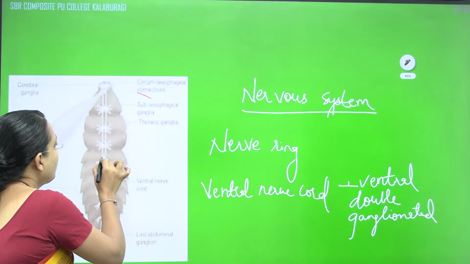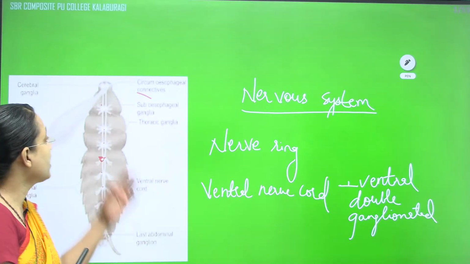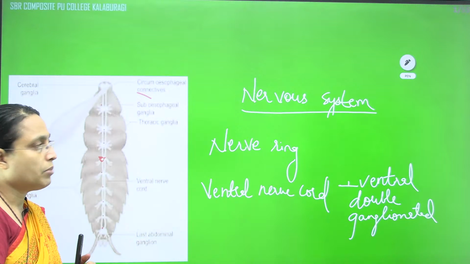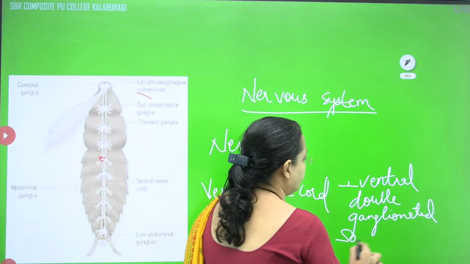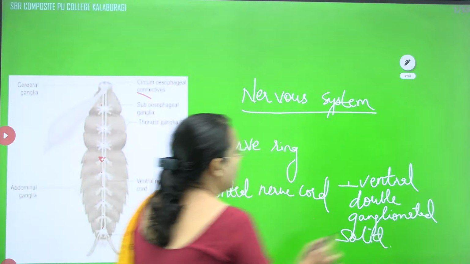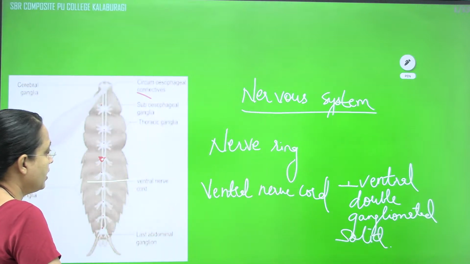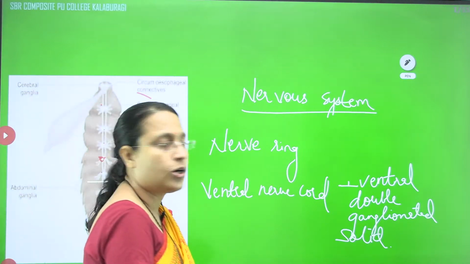There is a pair of ganglia here, but they are fused, so they don't appear separate. And of course, they are solid. Solid in the sense that in a cross section of this nerve cord, they are not hollow. So it's a solid nerve cord.